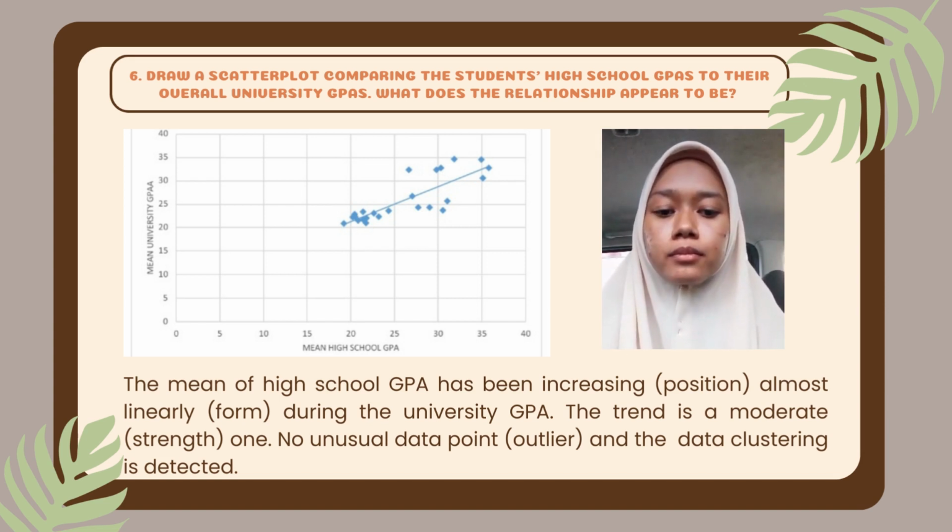The relationship appears to be that high school GPA increases almost linearly with the university GPA. The trend is a moderate one, no universal data point, and no data clustering is detected.